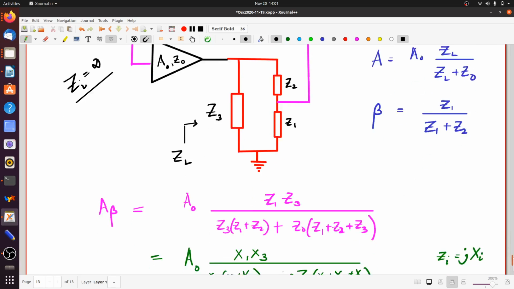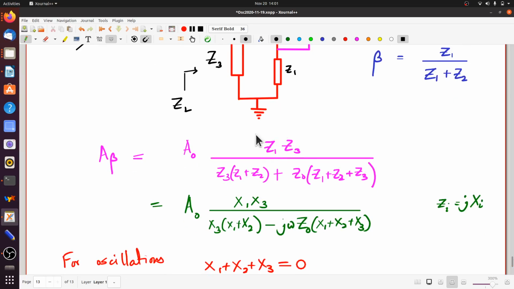And if you substitute that, what you see is that this becomes minus X1 X3. This becomes minus X3 into X1 plus X2. Of course, the minus sign can be cancelled between the numerator and the denominator. And this becomes minus j omega ZO, where ZO is the output impedance of the amplifier, which I am assuming is real, is purely resistive, times X1 plus X2 plus X3.